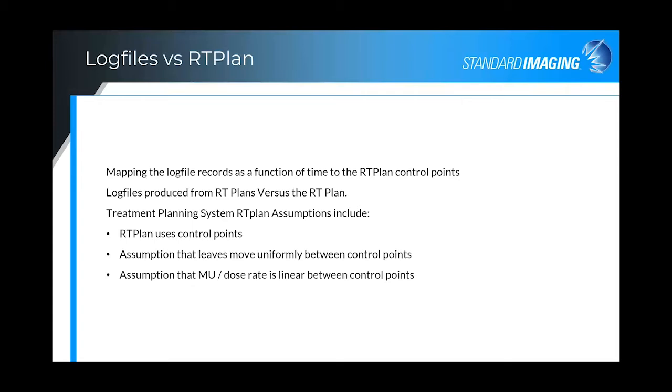So between those control points, the movement of the MLC is not specifically defined, and so one assumes that there's uniform leaf movement and uniform dose rate between the control points. And there are also features in LinacView that allow you to create an RTPlan based on the selected number of control points up to the actual number of points specified in your log file.